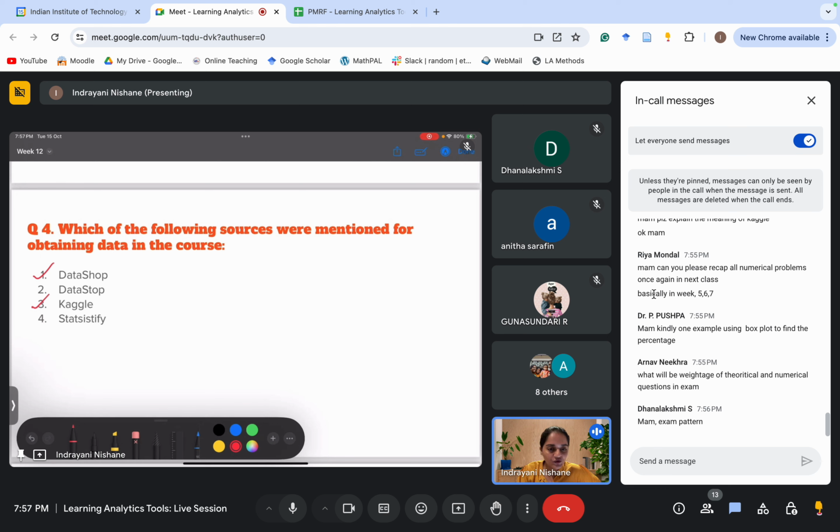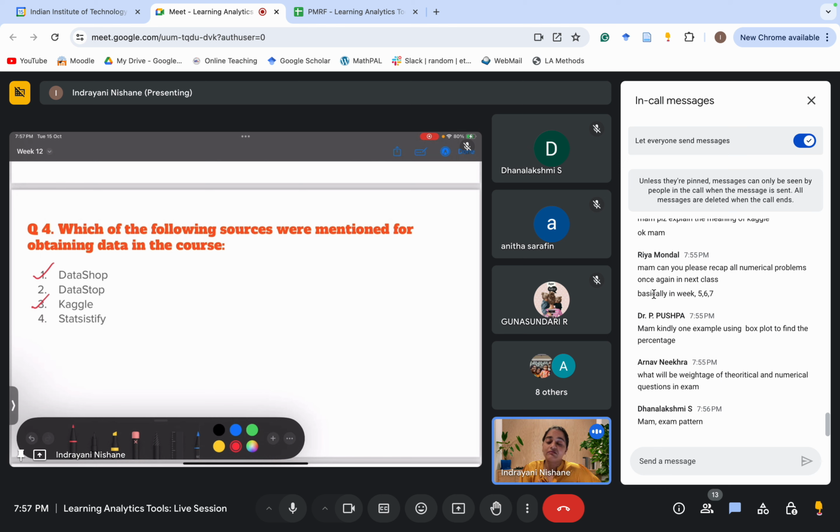Exam pattern is the usual NPTEL exam pattern, 50 questions, and whatever the exam pattern is, it will be the same usual NPTEL exam pattern. Questions will be very similar to assignment questions, with few wordings here and there.